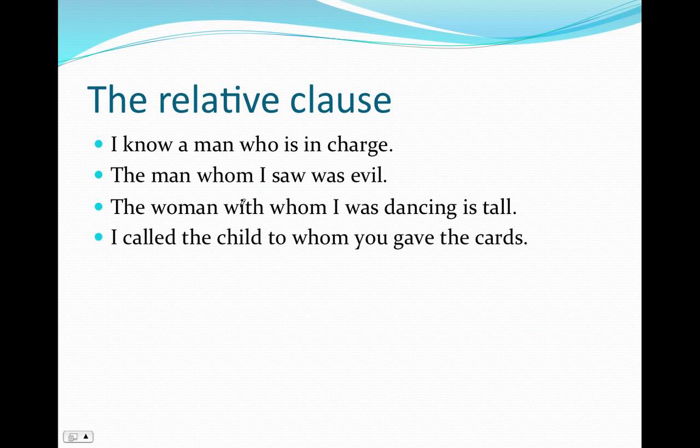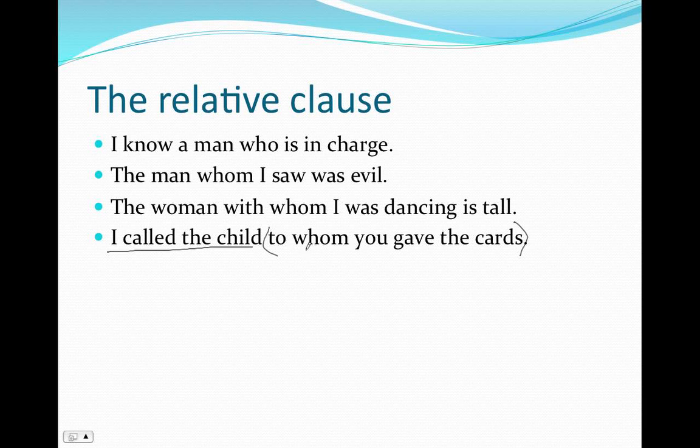So, shift back here. There are some important parts of a relative clause that you need to know. So we'll take this last sentence. I called the child to whom you gave the cards. So again, to whom you gave the cards is our subordinate clause, our relative clause. I called the child is our main clause.